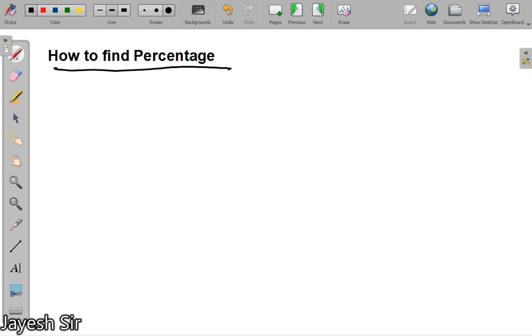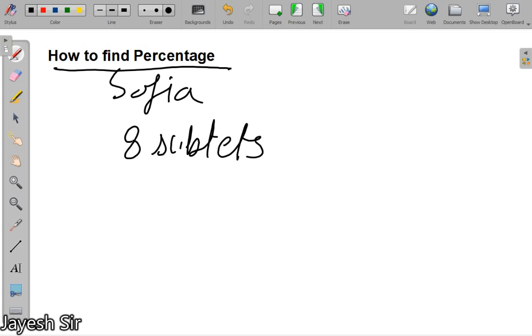Let there be a girl that is studying in Sophia school, and another girl that is studying in NBF school. In 7th class, let's say in Sophia there were 8 subjects, and in NBF public school there were 10 subjects.